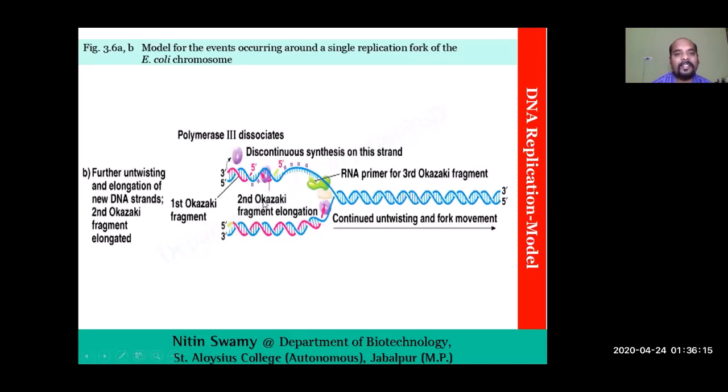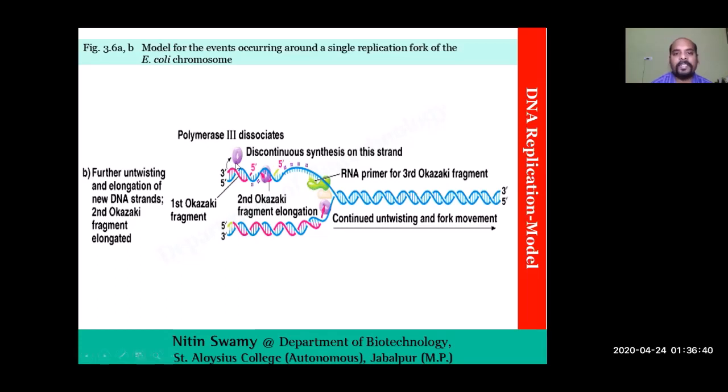In the second diagram, the replication process goes further, and the helicase is further opening the DNA strand. The leading strand, as we have already spoken, is continuous in nature, as we can see here. On the other hand, the lagging strand is still making its DNA in patches.